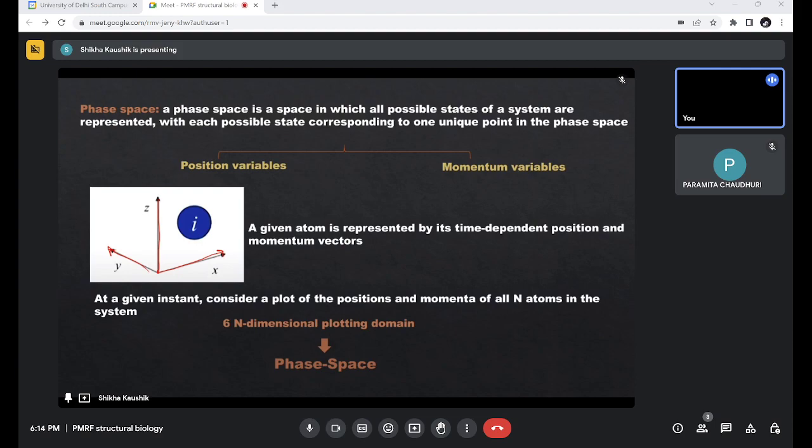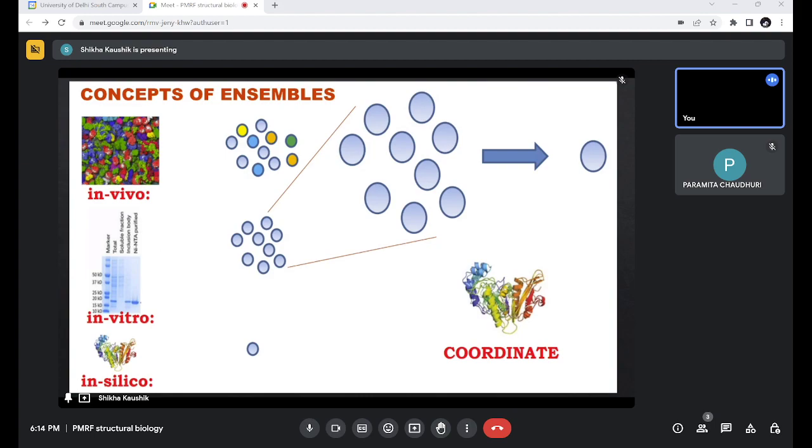That is also very important when you are simulating any particular system. The concept of an ensemble will help you understand what exactly the phase space means. We have the in vivo aspect, which we are not studying, because there we have a heterogeneous environment. Then we have in vitro, where we have a homogeneous system with homogeneous protein, and the number of proteins is large.